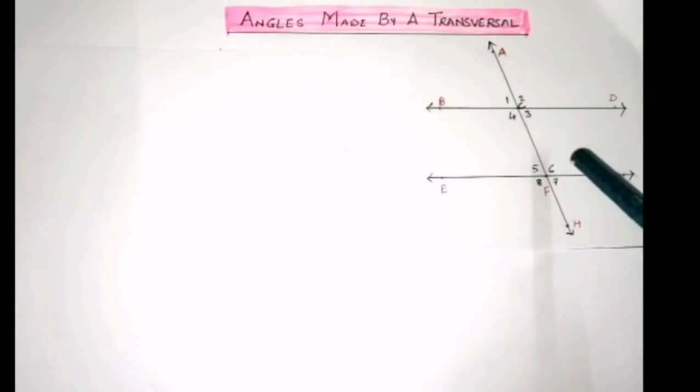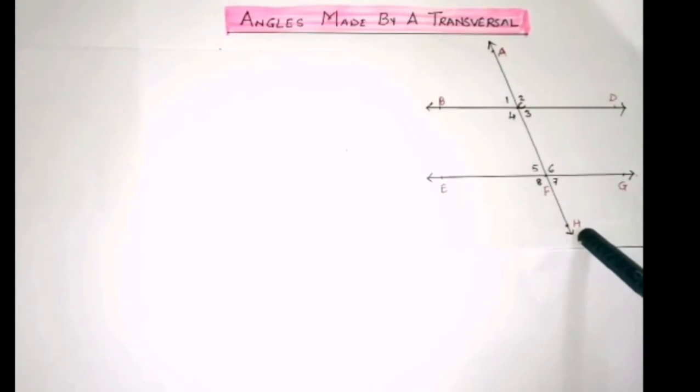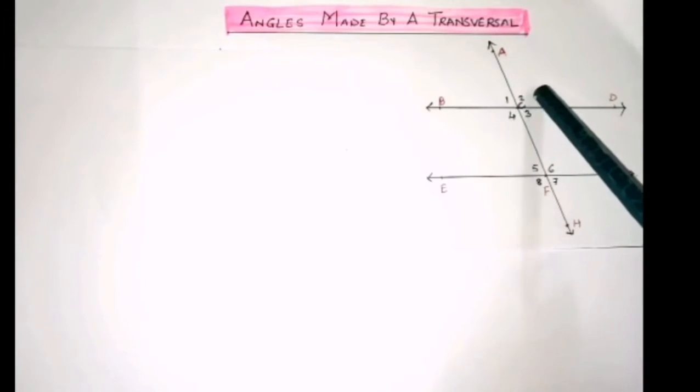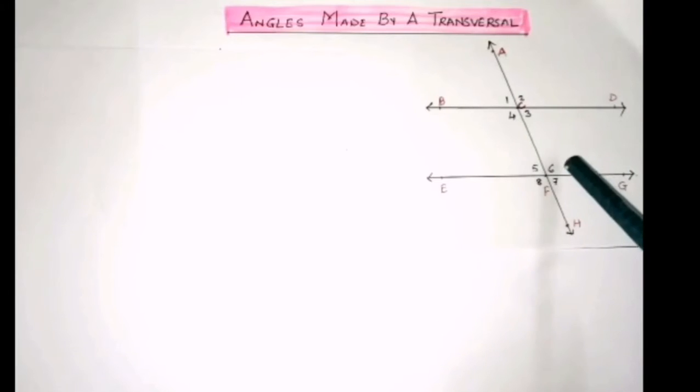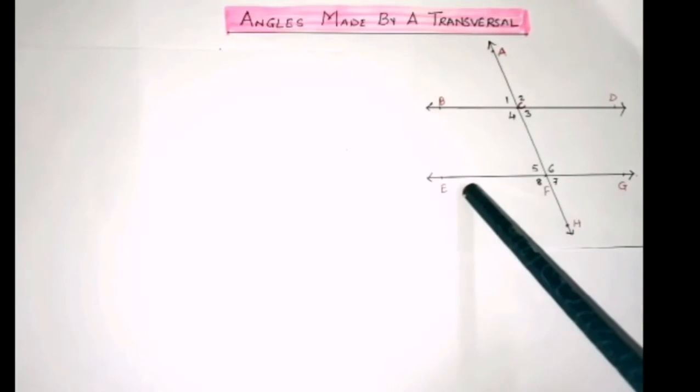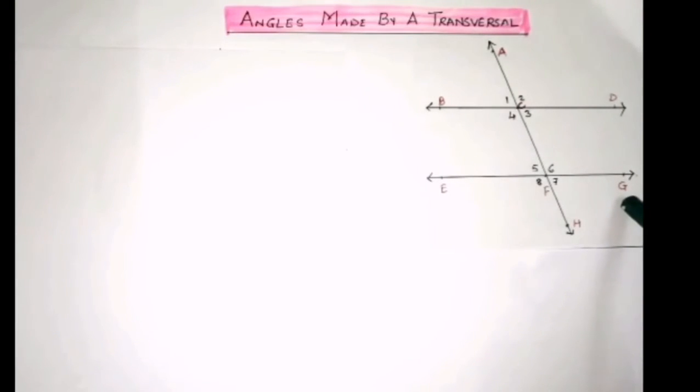So here this transversal AH makes four angles with line BD and four angles with line EG. So one transversal of two lines makes 8 angles in all.